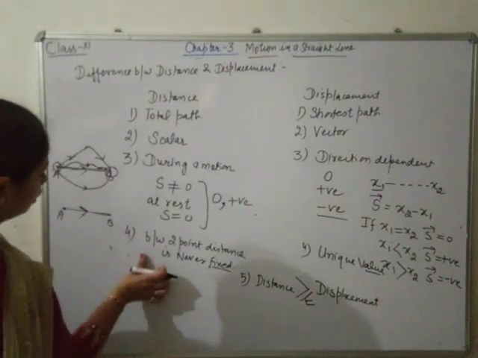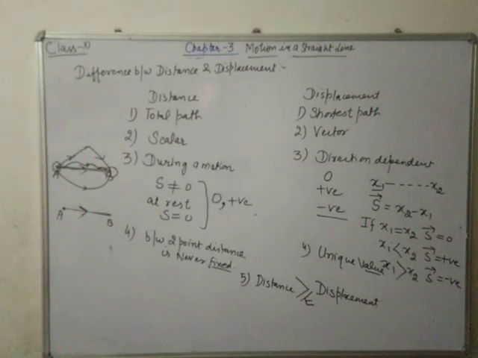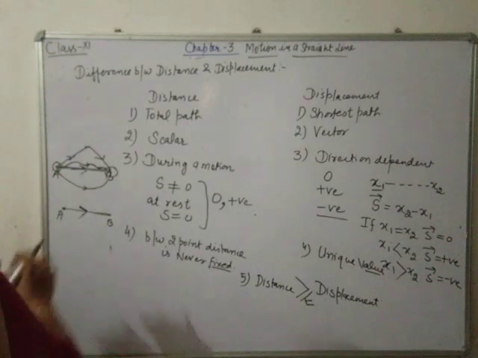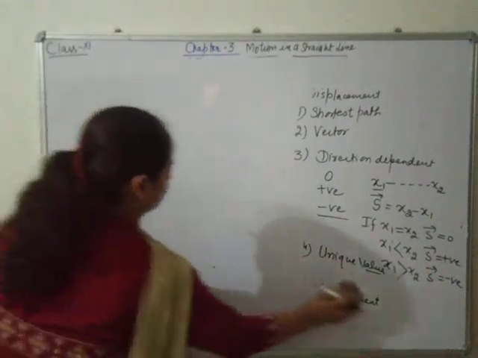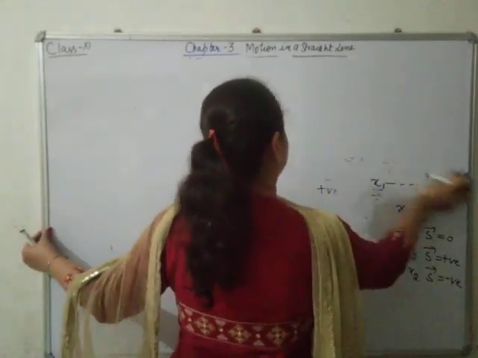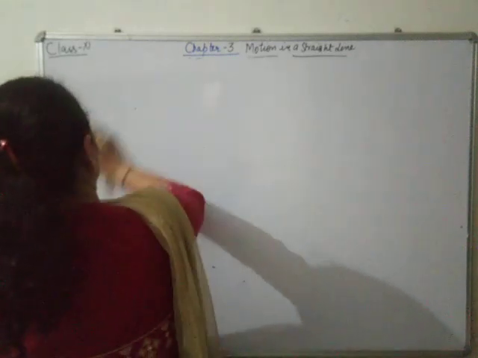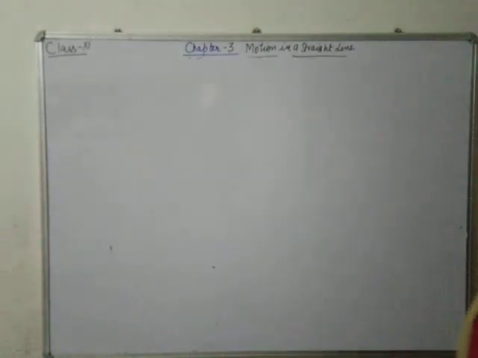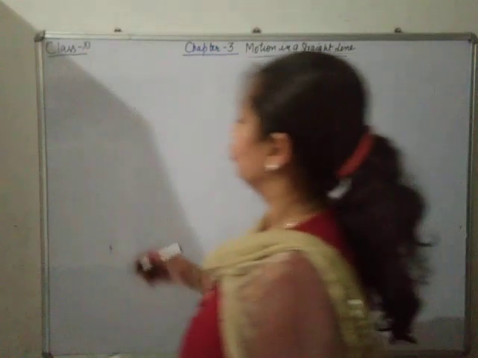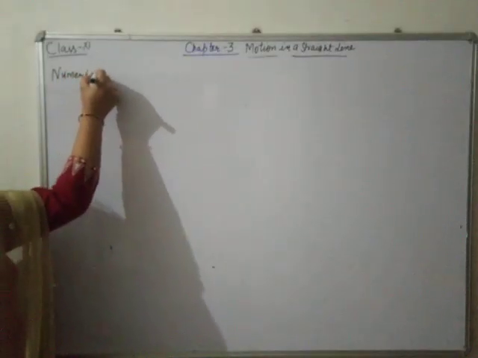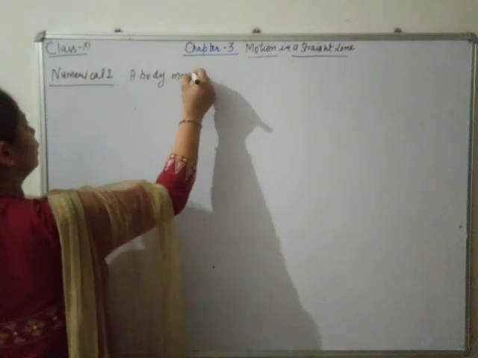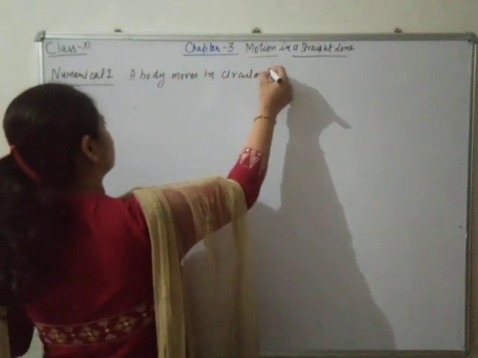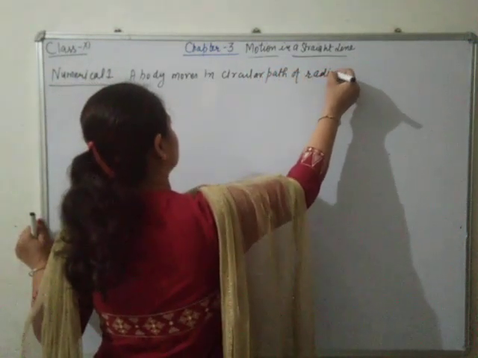Now, let's solve some numericals to make the concept of distance and displacement clear. In the given case, let a body move in a circular path of radius r.